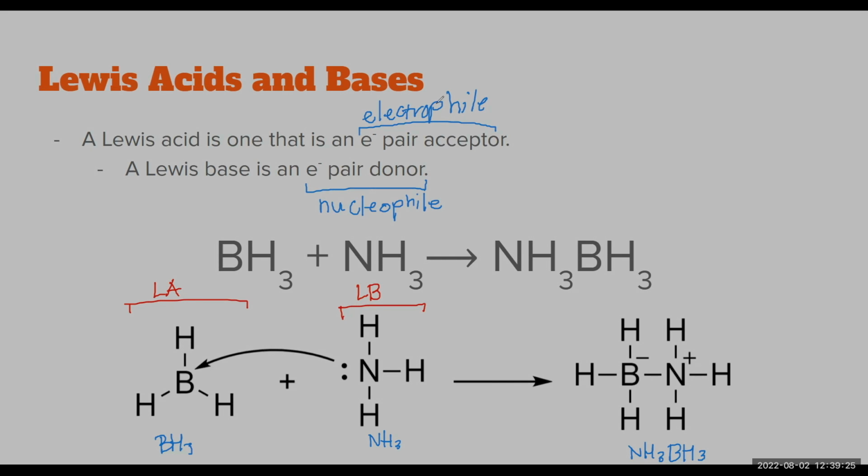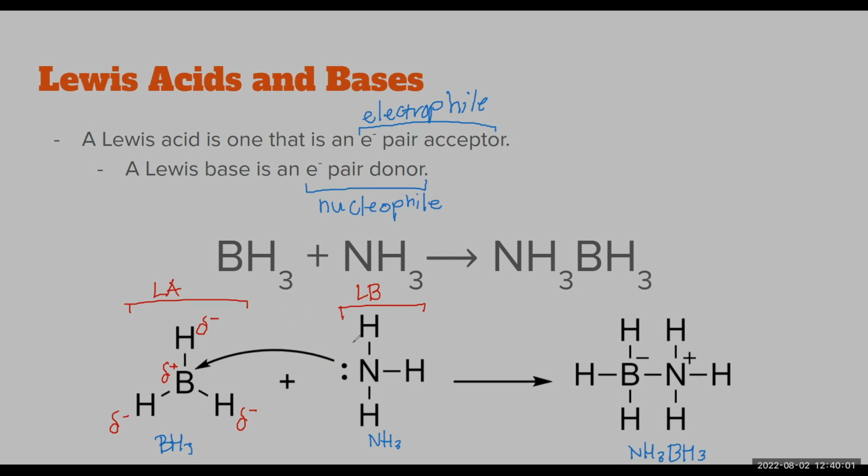So if you were to draw the partial positives and partial negatives, what you can see here is we know hydrogen is more electronegative than boron. So therefore, it's going to be partially negative up here. It's going to be partially positive next to boron. And the hydrogens are also going to be partially negative. So in other words, they're all pulling electron density away from boron. So the partial positive charge around boron is pretty strong.